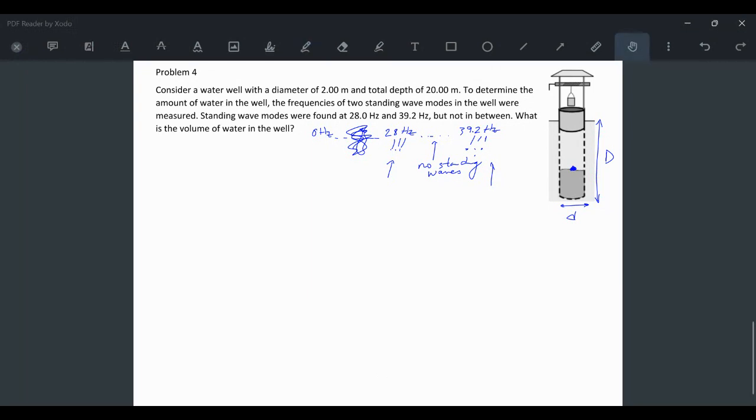And if we were at the fundamental mode, these are probably higher than the fundamental mode, at least one of them is, but the fundamental mode would look something like this. So this is a fixed end condition at the water, but free at the mouth of the well. So we've got the fixed-free set of end conditions.